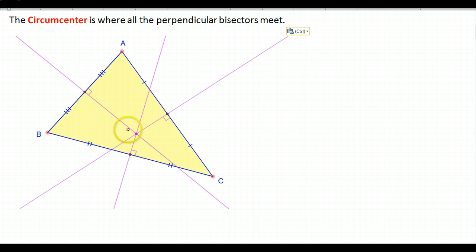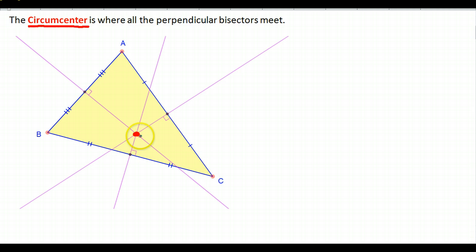And this pink line right here, look, it's perpendicular, and it's cutting side BA in half. All 3 of these pink lines are perpendicular bisectors, and you notice that they all meet at one spot. This spot where they all meet is the circumcenter. Okay? So that is how you find the circumcenter.